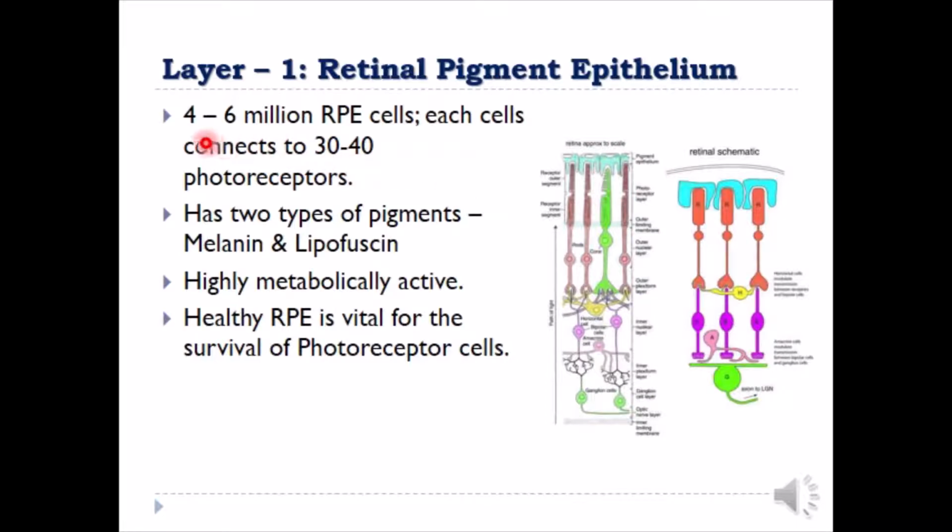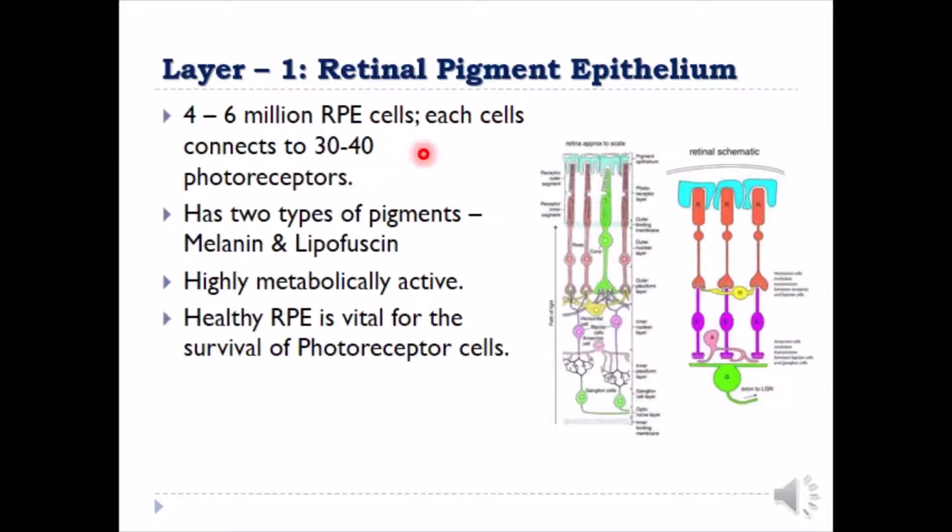So it's interesting. How many photoreceptor cells are there? There are near 4 to 6 million retinal pigment epithelial cells in our retina. You can just imagine, in Oman we have 5 million people, including the residents and citizens. Each of our eyes, take your right eye, has around 4 to 6 million retinal pigment epithelial cells, so it is numerous, right?